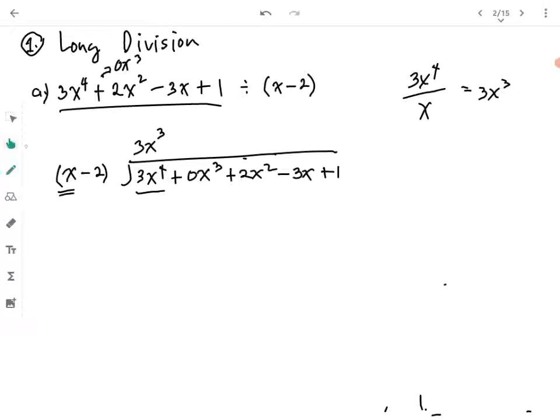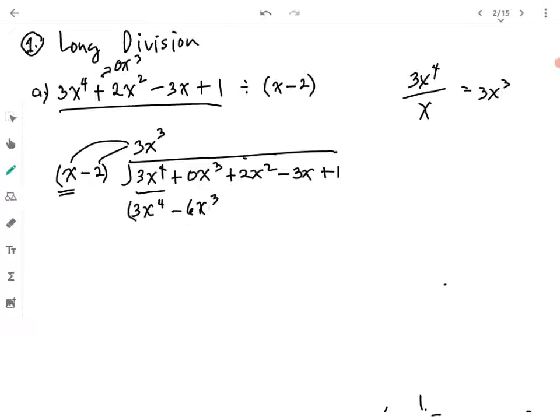Then after that, we distribute this to x and to negative 2. That gives us 3x raised to 4, and minus 6x cubed.